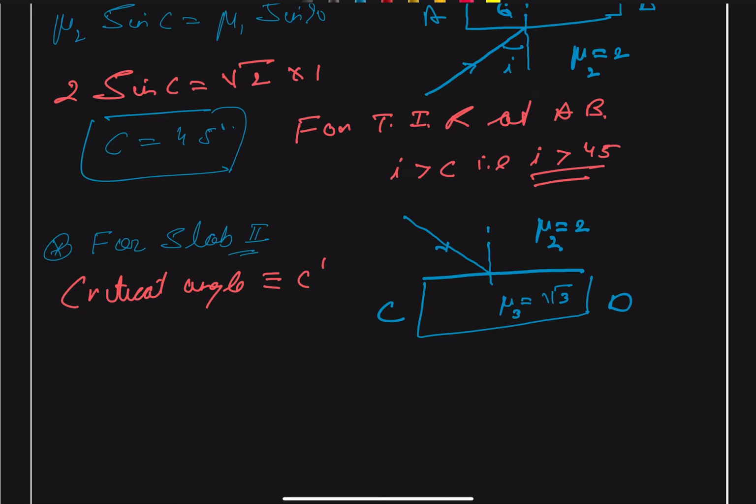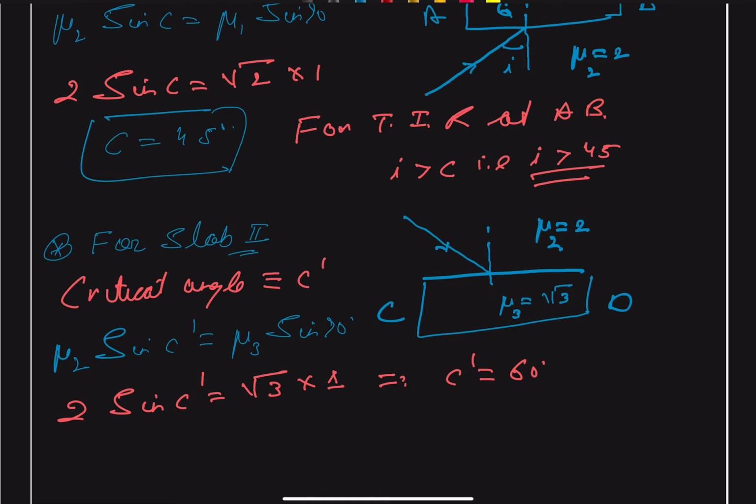Therefore we can write that mu2 sine of C prime will be equal to mu3 times sine of 90, and mu2 is 2, mu3 is square root of 3, multiplied by 1. So from here we get that our C prime is equal to 60 degrees.